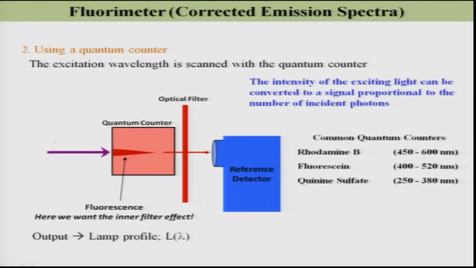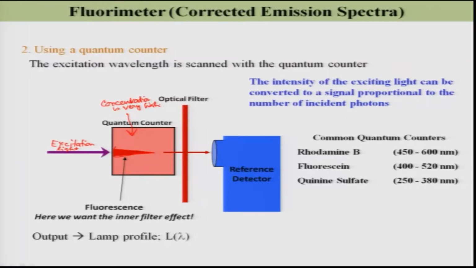So in this case, the excitation light, this is my excitation light, will be completely absorbed by the sample as shown over here. It will not pass through the sample, because whatever molecule you have taken, the concentration is very high.